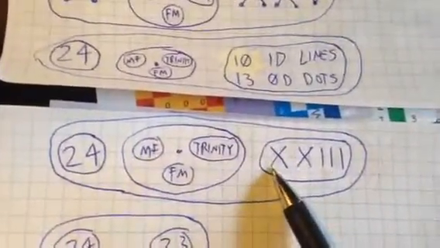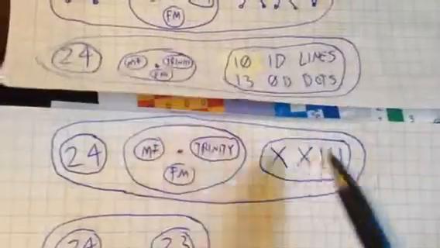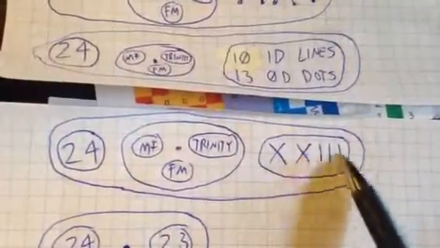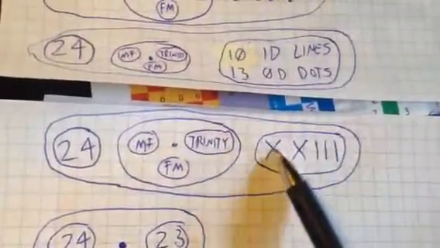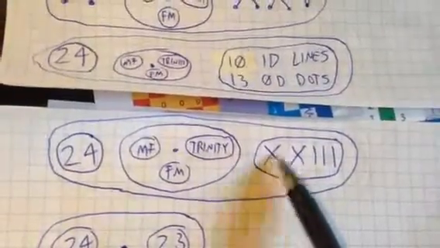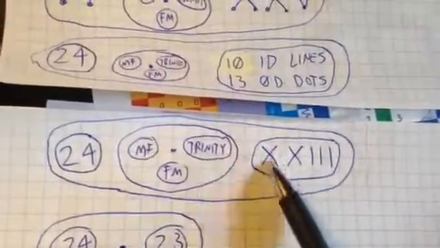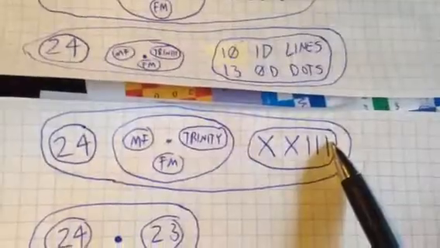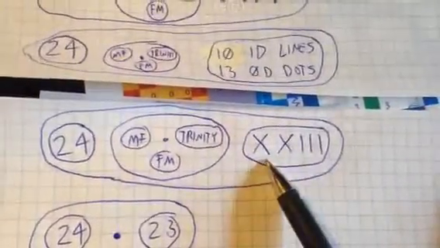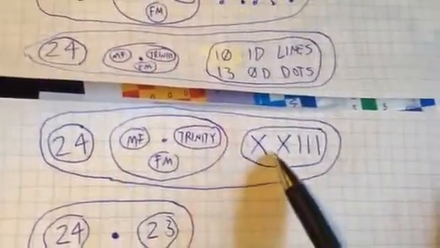So I'm going to put a 13 first. We have 13 zero-dimensional dots, and we have 10 one-dimensional lines. So an XXIII is now a universe. Those 5 galaxies are a universe.